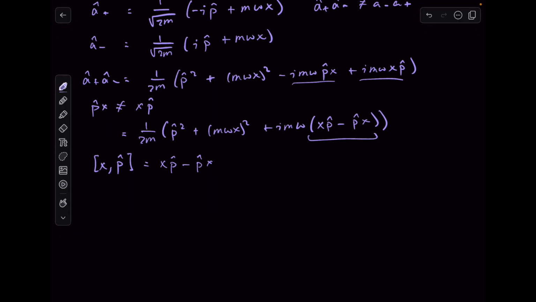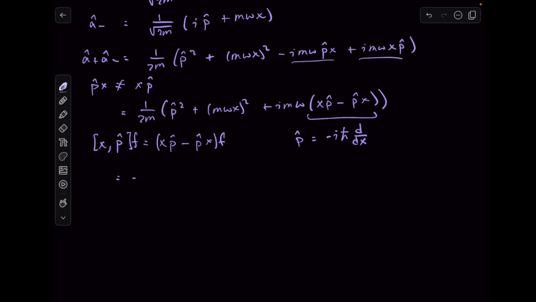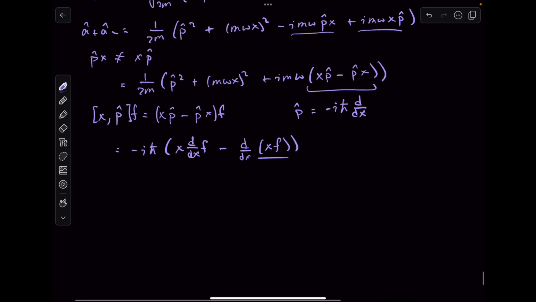So the way we go about actually figuring out what these commutators are is we throw in a test function and see how it acts on the test function. And then recall that the momentum operator is negative i h bar times the first derivative with respect to x. So if we pull out the negative i h bar, and then we can just use the product rule over here.